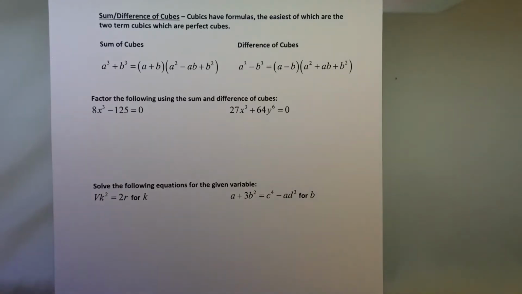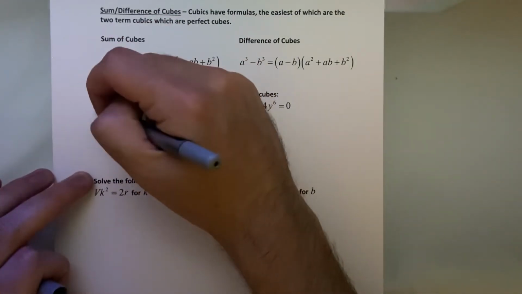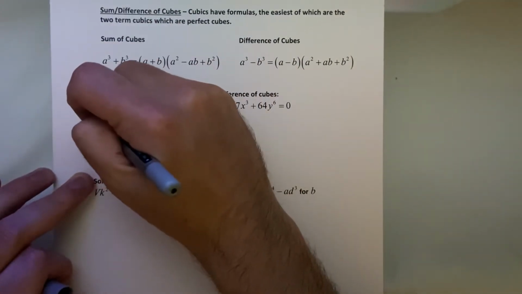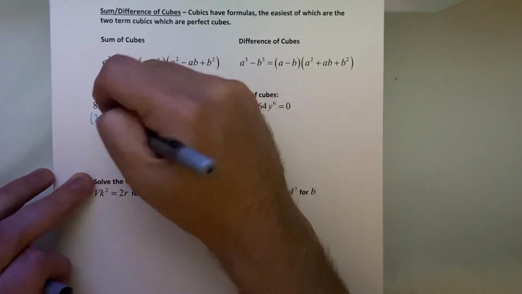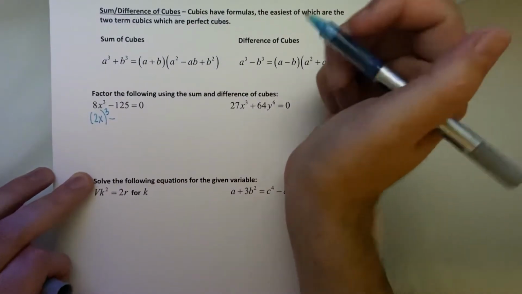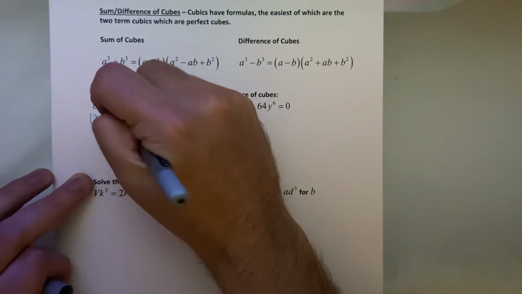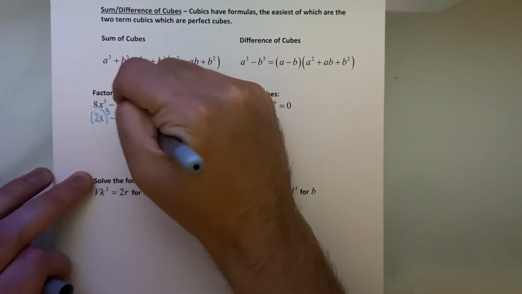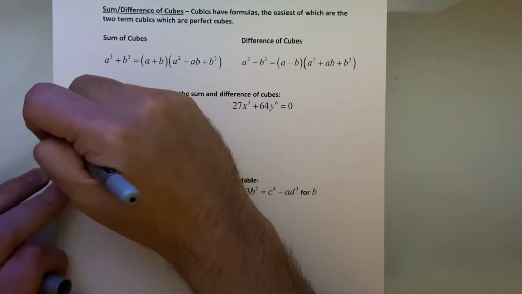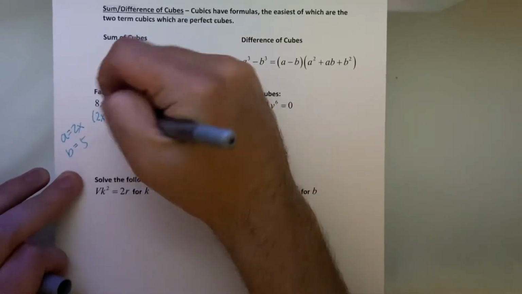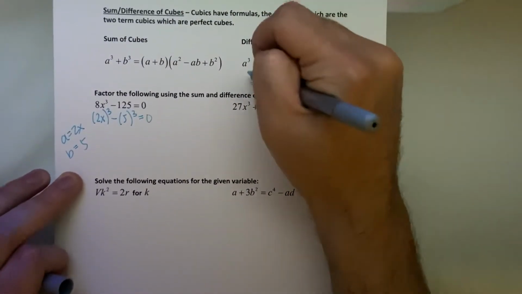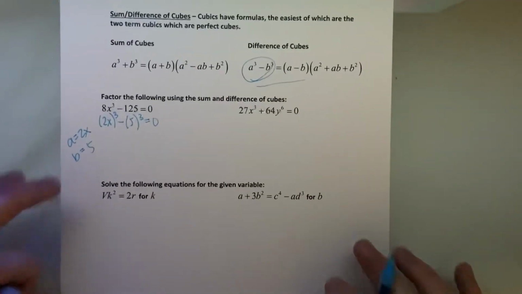So the easiest thing to do here is you look if this is a perfect cube. Is 8 a perfect cube? Yes. Is x cubed a perfect cube? Yes. Together they're 2x cubed. Is 125 a perfect cube? Yes, it's 5 cubed. Which means in this case my a is 2x, my b is 5, and the minus signs mean I'm using difference of cubes.